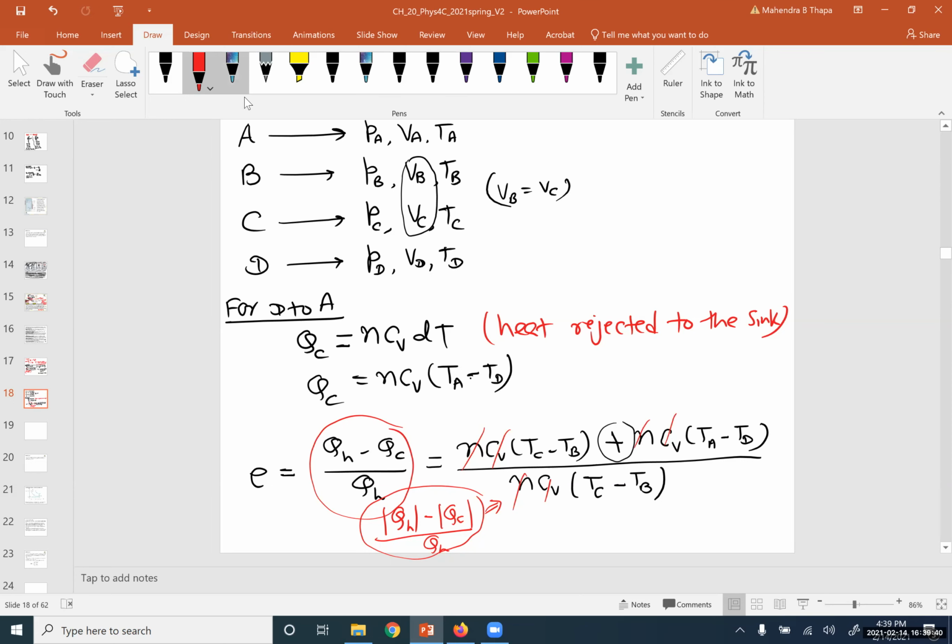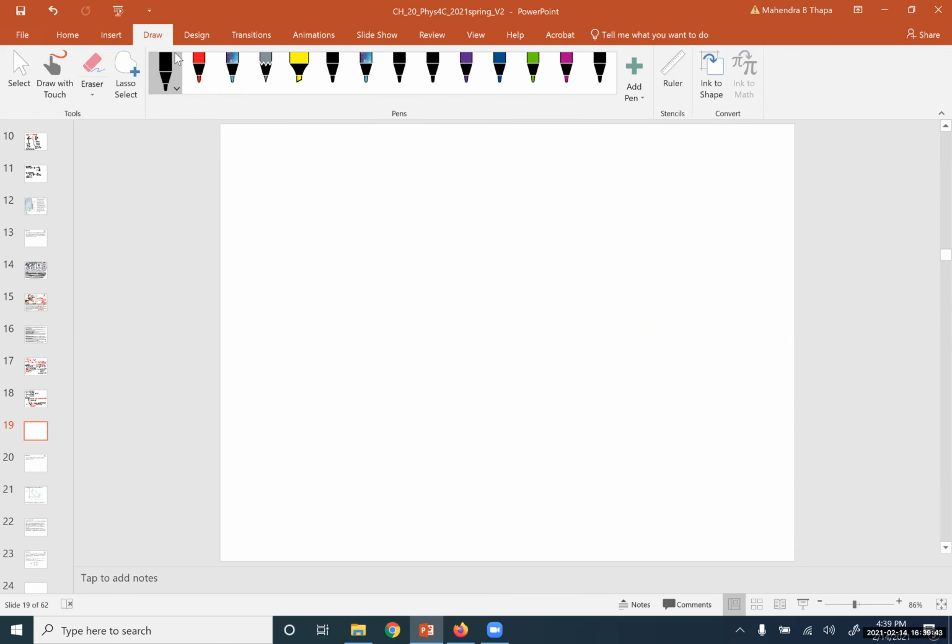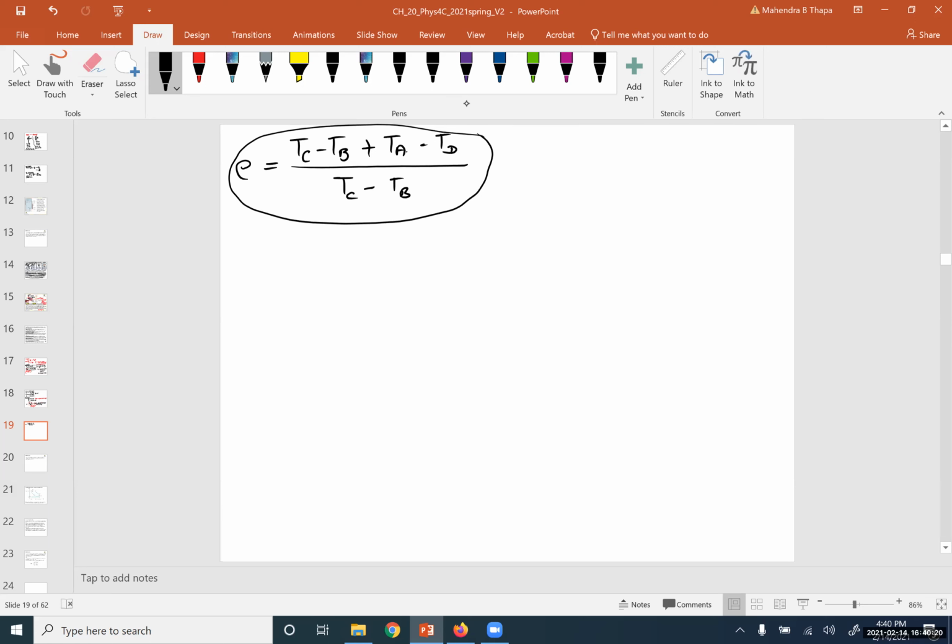So we are left with E equals TC minus TB plus TA minus TD, over TC minus TB. Our goal is to simplify this further.